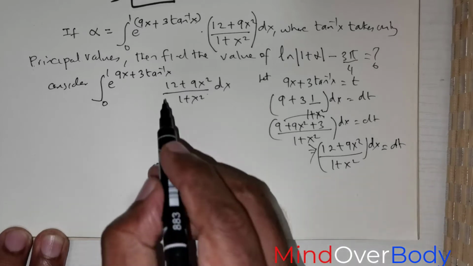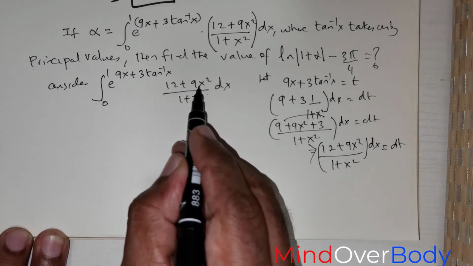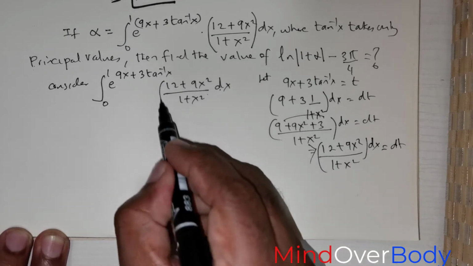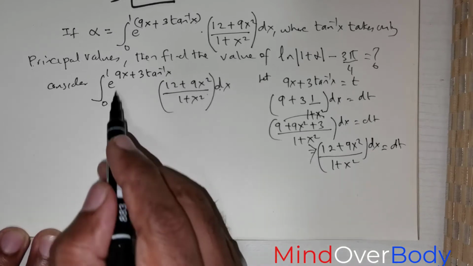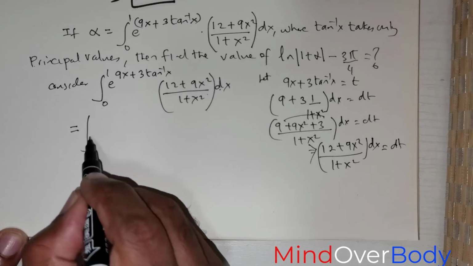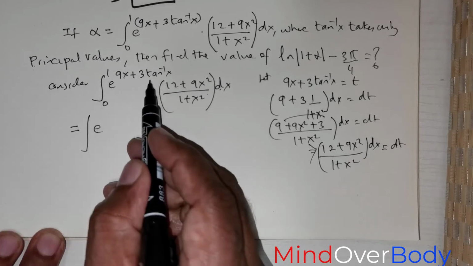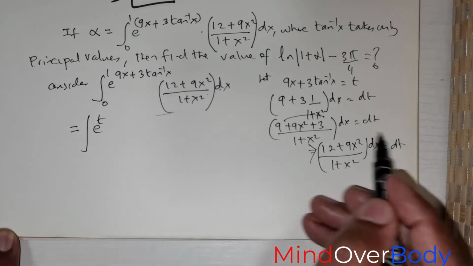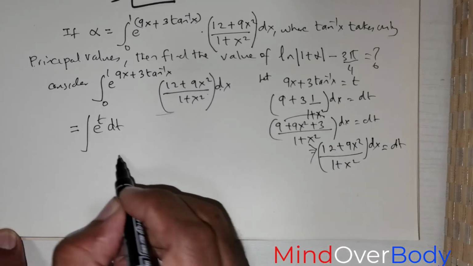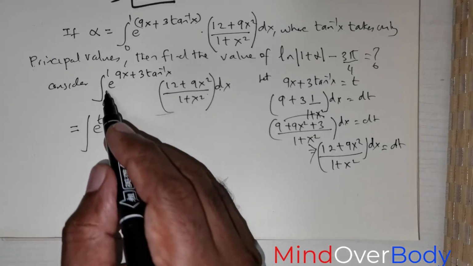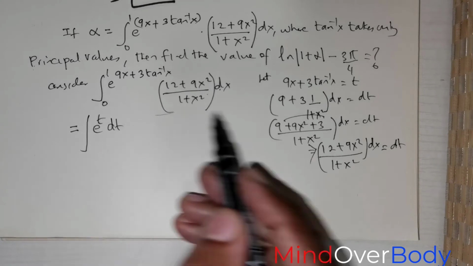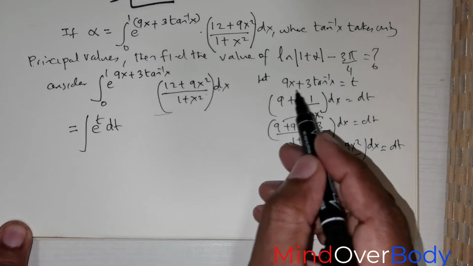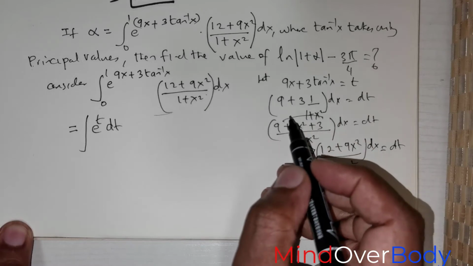Now we can clearly see that (12 + 9x squared) dx divided by (1 + x squared) is already available here, and I can rewrite this as e raised to the power of t, times dt. Now the limit comes into play. I would be changing the limits using the method that I've just mentioned.